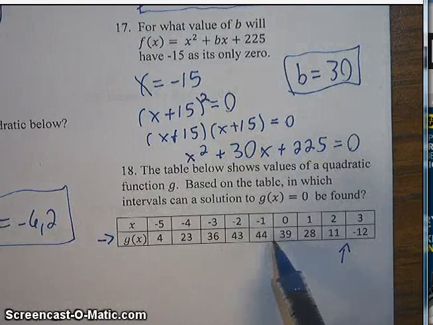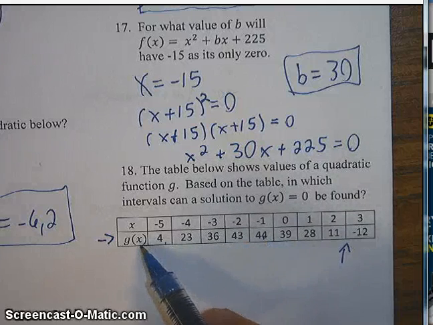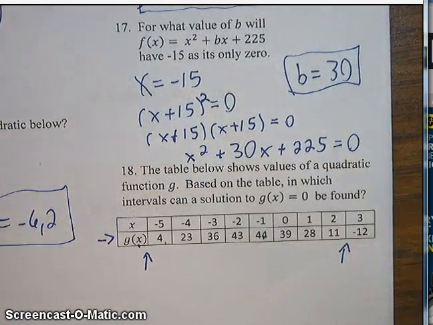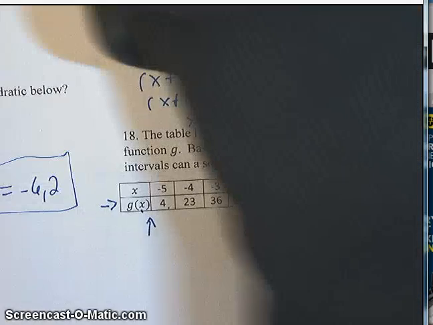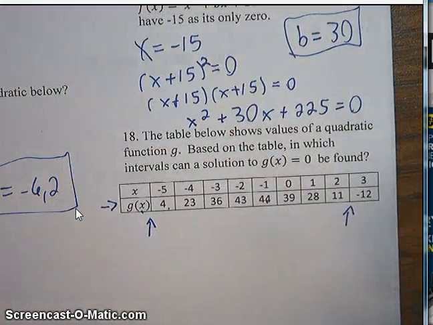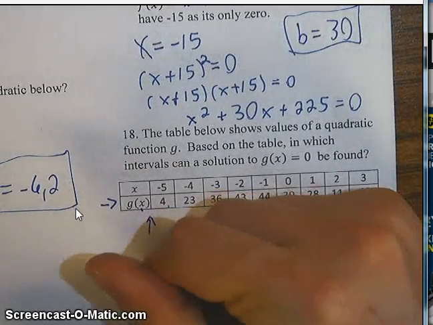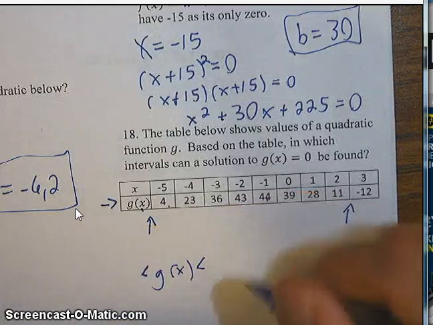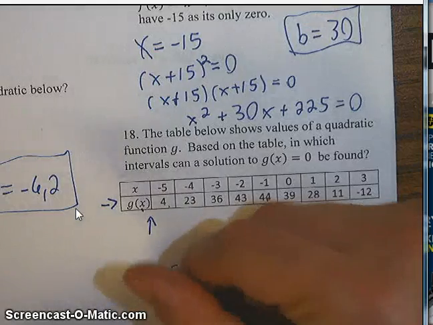See how this is going, right here is the highest, and it's going down, down, down, down, down. It looks like at the next one, at x equals -6, there's going to be another 0 right there. So there's two intervals where the solution can be found. One of them, g of x, is between, I'm sorry, I wrote that incorrectly.